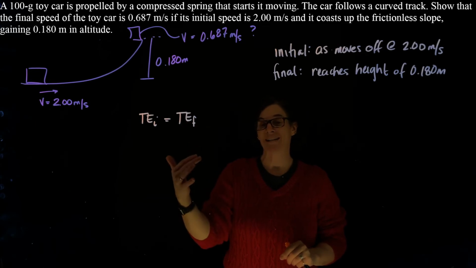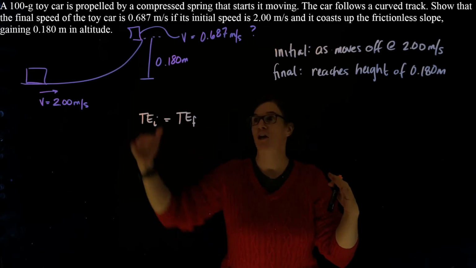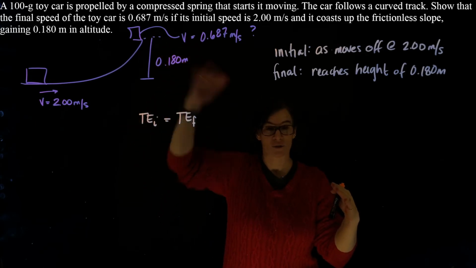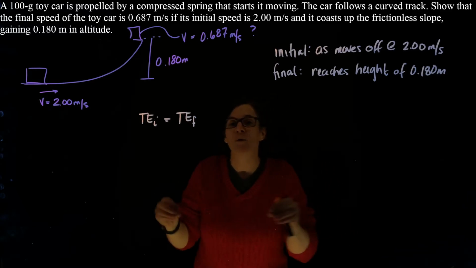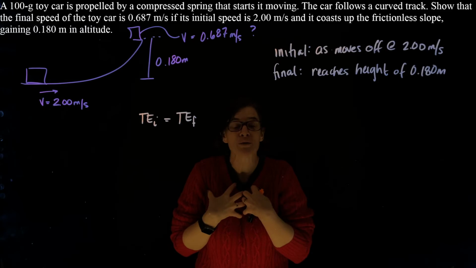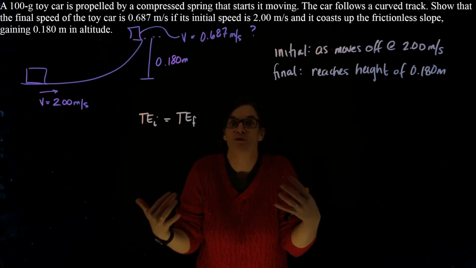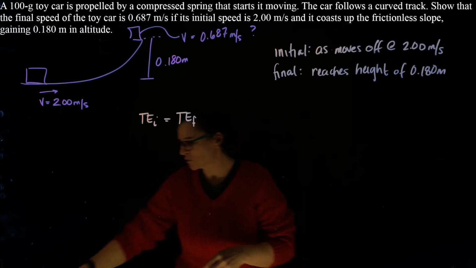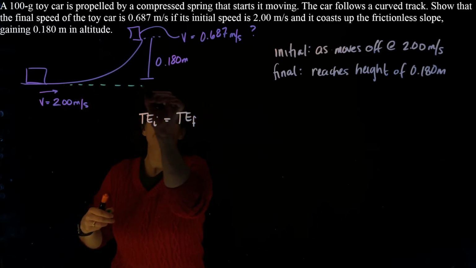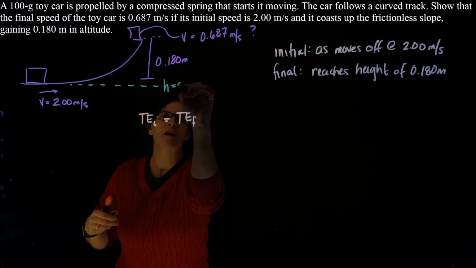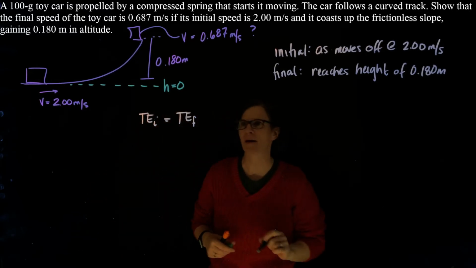But we do want to consider the gravitational potential energy because we know that the car rises to a certain amount. And so in order for us to do that, we have to define where the zero value is. And we get to choose that to make it the most useful for our problem. So we're going to define the zero value at this bottom of the track. So this is going to be our height equal to 0 at that bottom of the track.